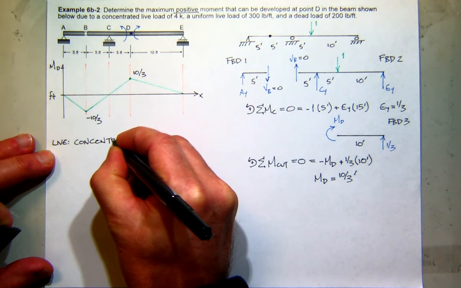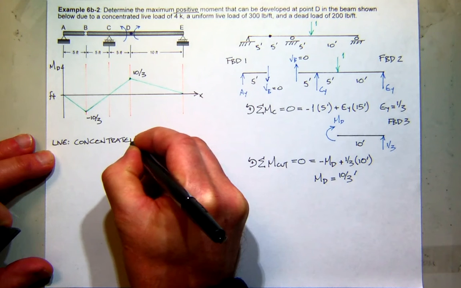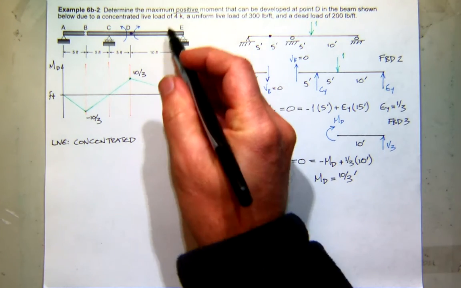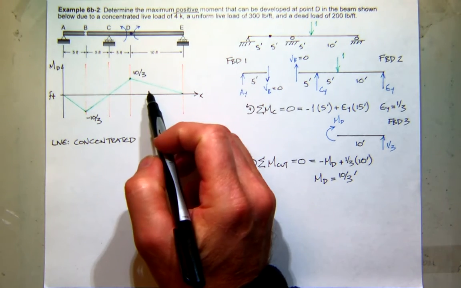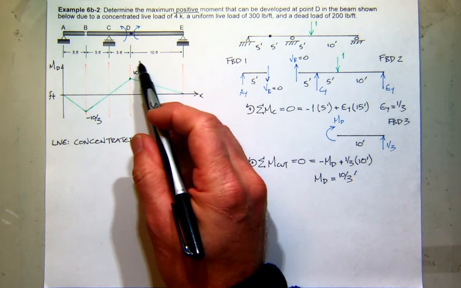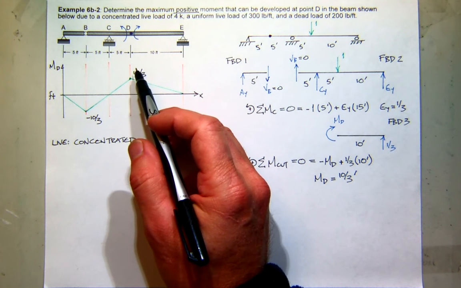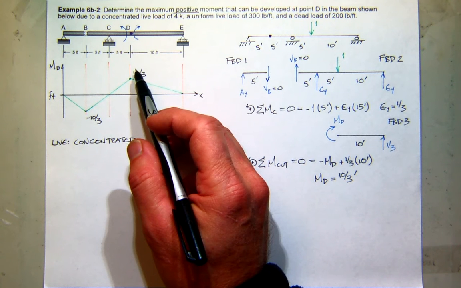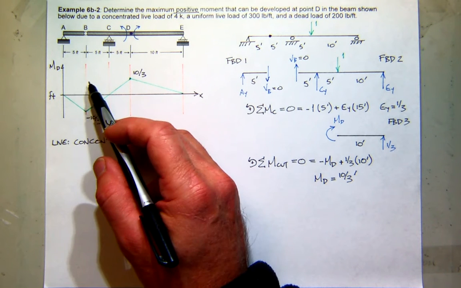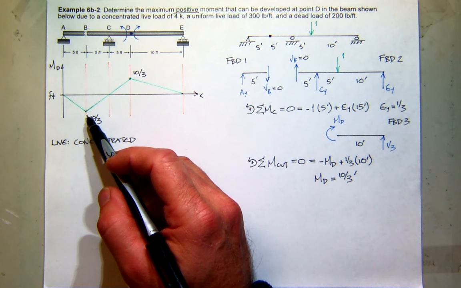What's the value of the concentrated load? 4 kips. Now, where do I put it to create the maximum positive value? Well, here's the maximum positive ordinate. That's probably where I will put it. If I wanted the maximum negative moment, where would I put it? Here, over the maximum negative value.